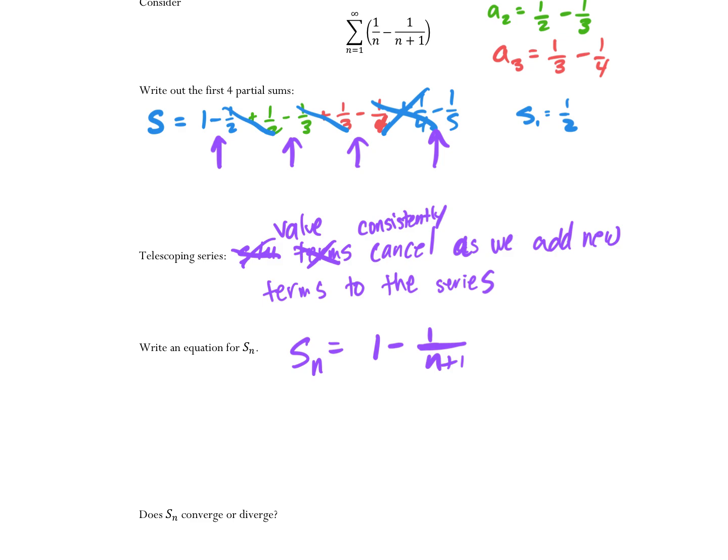It's the start of A1, and the part being subtracted at the end is 1 over n plus 1. And that's what we call a telescoping series.